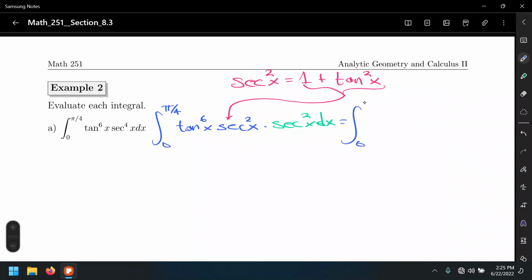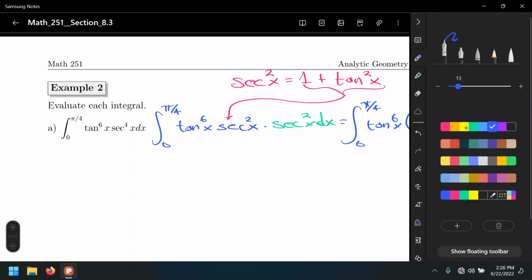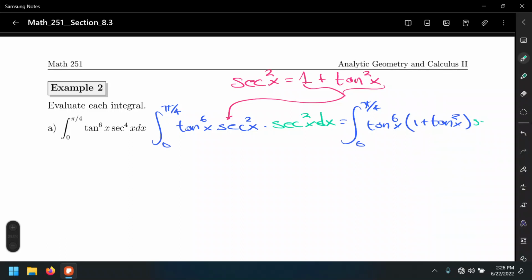That's the integral from 0 to pi over 4 of tangent to the 6th times 1 plus tangent squared times secant squared. Notice how we're going to end up with a polynomial of tangent whose u will be tangent, and the derivative of tangent is secant squared, which is what we have in this shade of green.